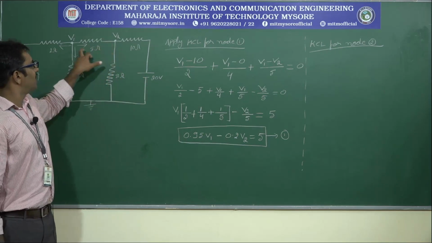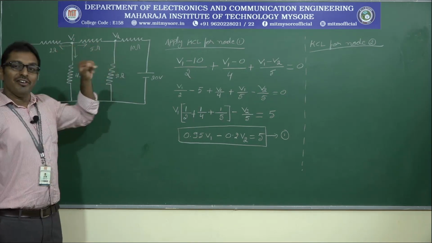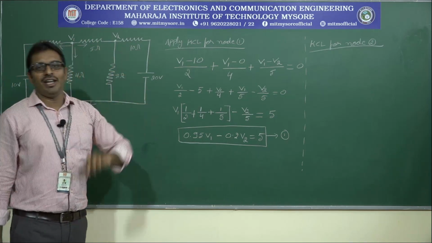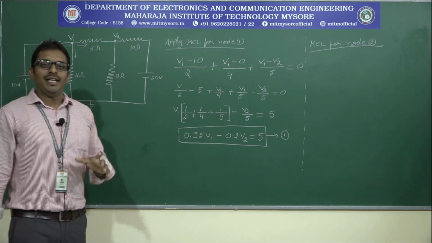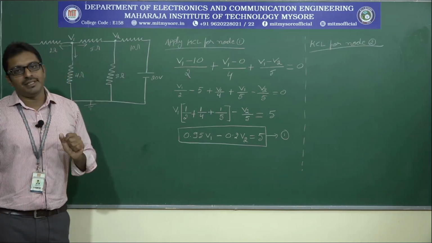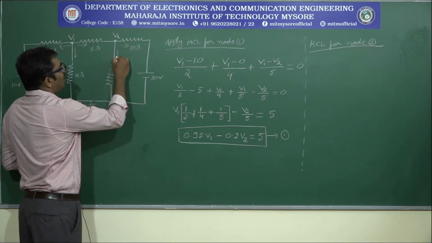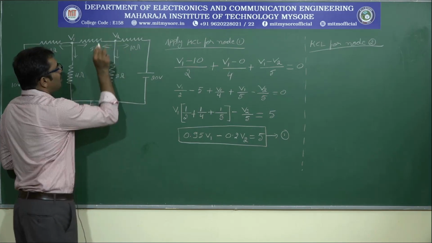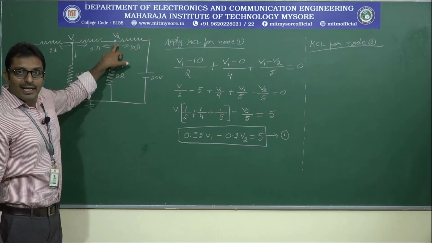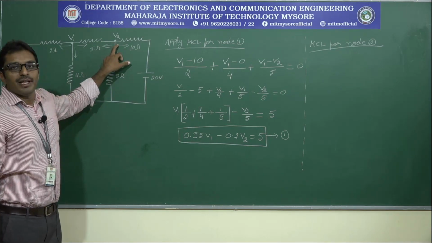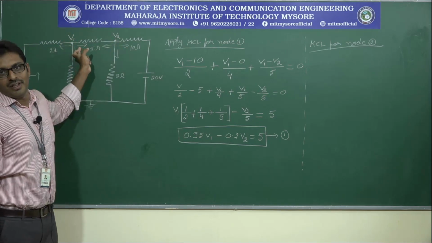Next, let me start with the first branch only, the 5 ohm resistor. Say again, when you are applying KCL for any node, just consider that node is higher potential, therefore all the branch currents are leaving from the node. So let me mark all the branch currents leaving from the node. Right now we are applying KCL for node 2, current is flowing from node 2 to node 1.